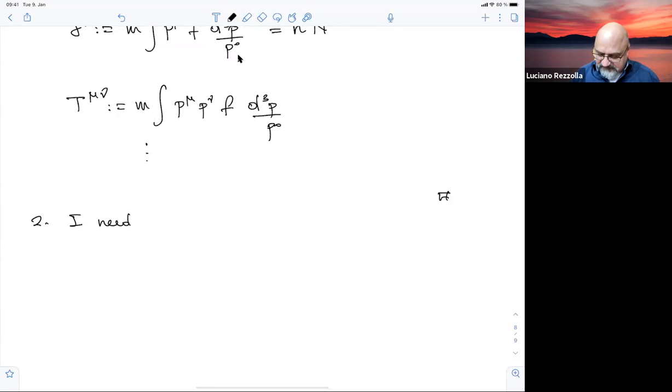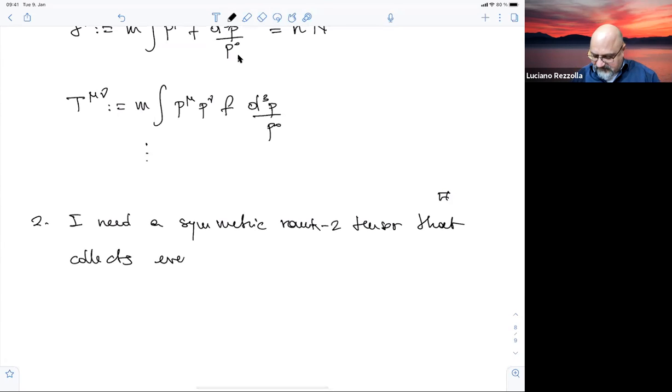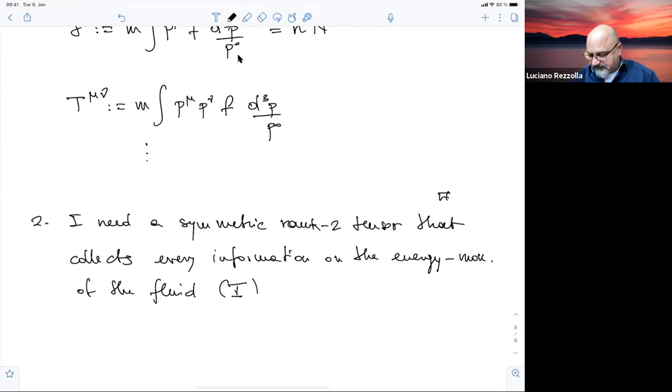I need a symmetric rank 2 tensor that collects every information on the energy momentum of the fluid, and this is my T, and I need a rank 1 tensor that tells me about currents.